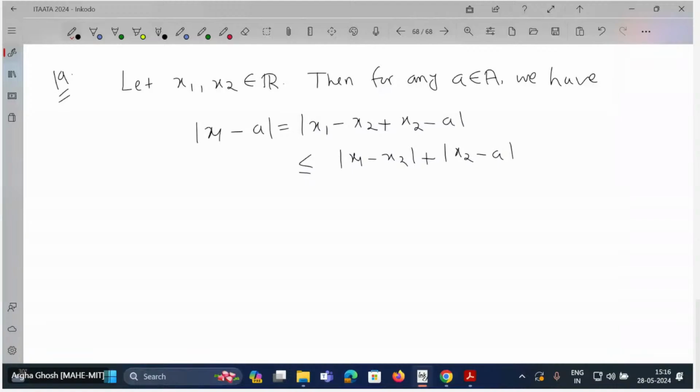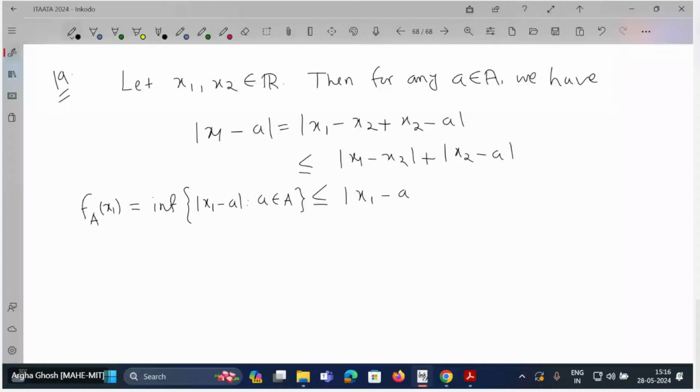Correct? So now can you see the infimum of all mod of x1 minus a such that a belongs to A, which is nothing but f of x1, is obviously less than or equal to mod of x1 minus a, for this particular a, because this is an infimum.